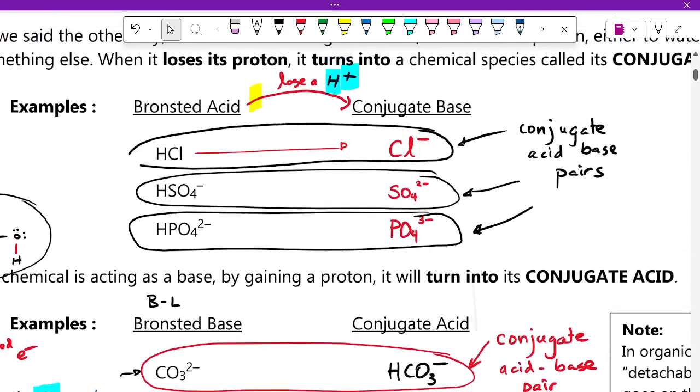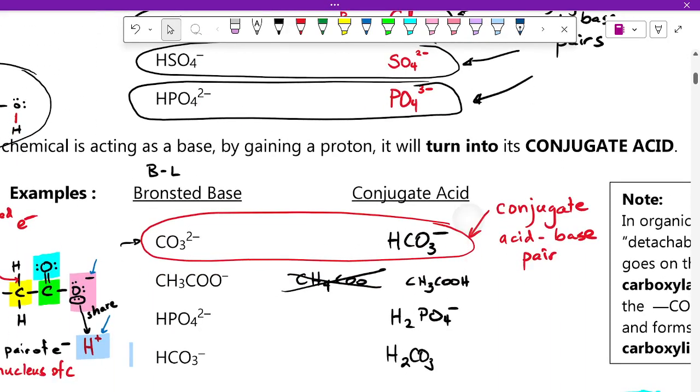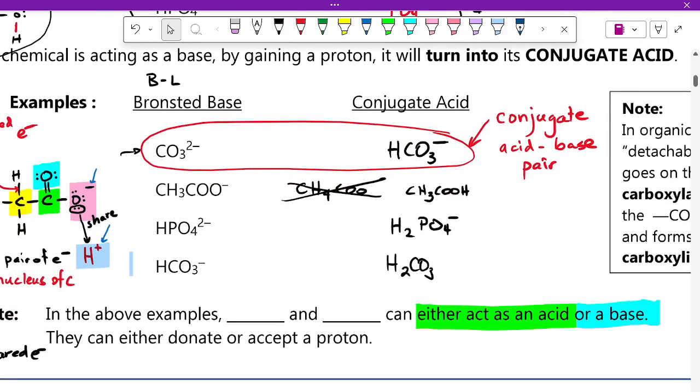So you're going to look at both lists, the acid list and their conjugate bases, and the base list and their conjugate acids, and say which of those species are both acids and bases. So you'll find it under the acid heading, but you'll also find it under a base heading.